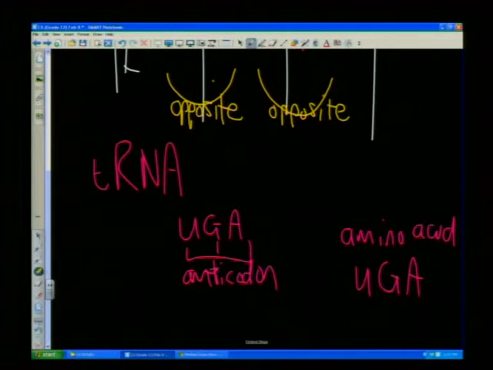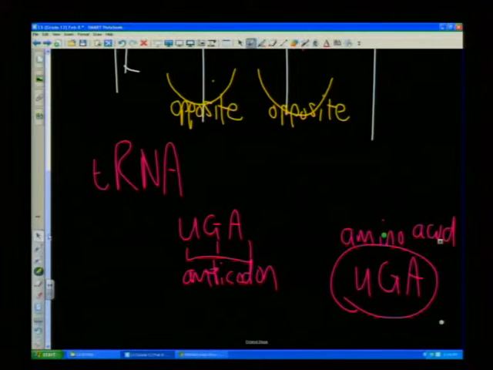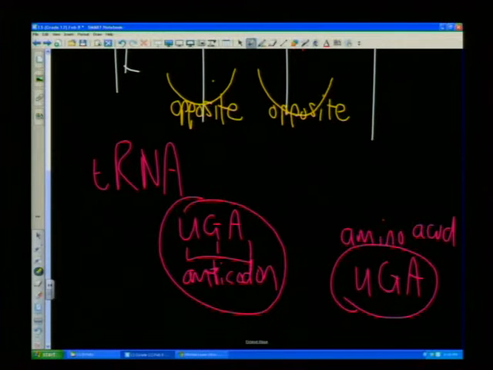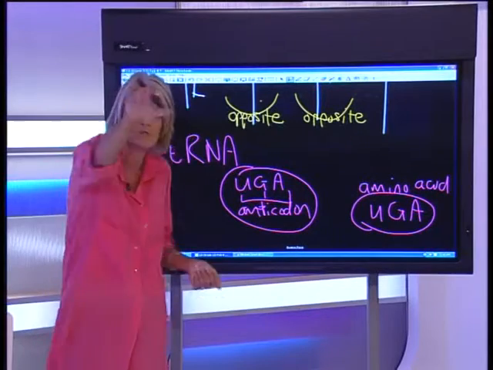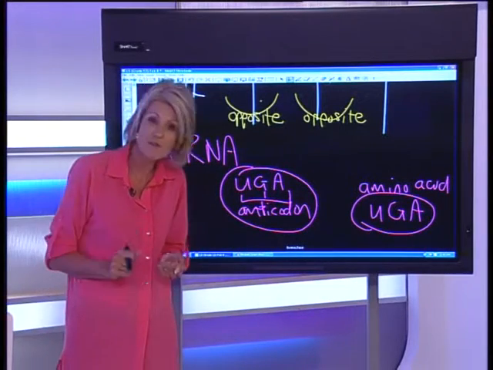All right? It then picks up that UGA and it brings that UGA, which is your anticodon here, to the ribosome where the little amino acid is put through the ribosome.